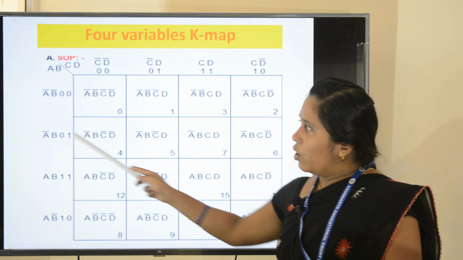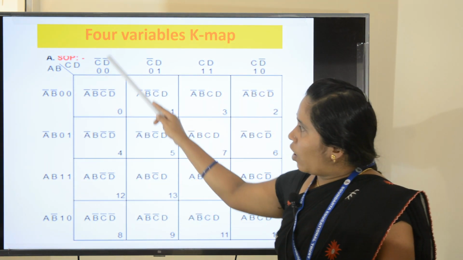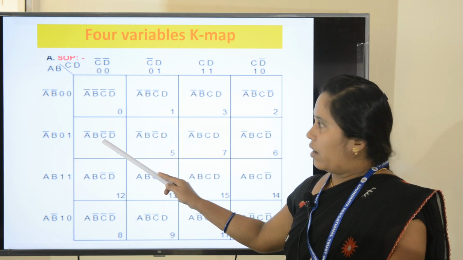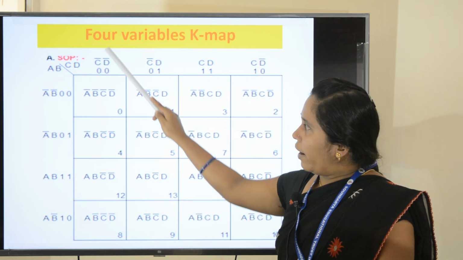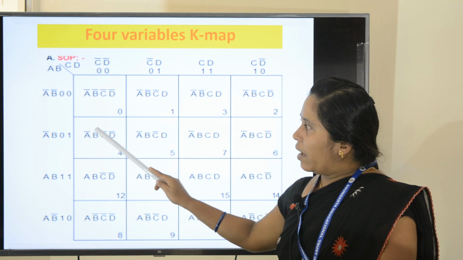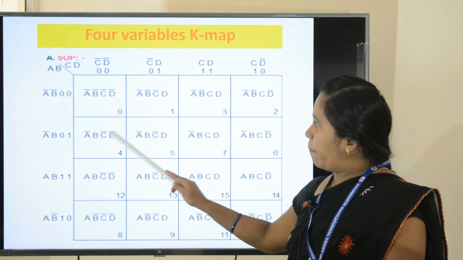The second row is A bar B and the column is C bar D bar. So multiply the row and column, that is A bar B C bar D bar.